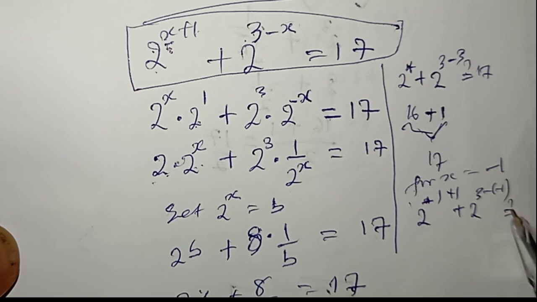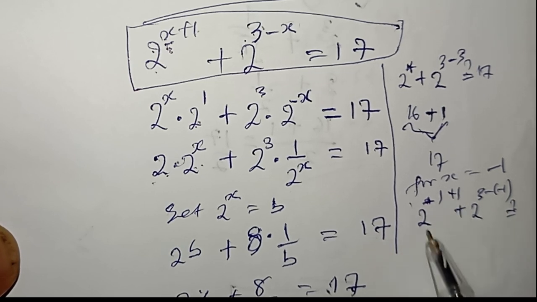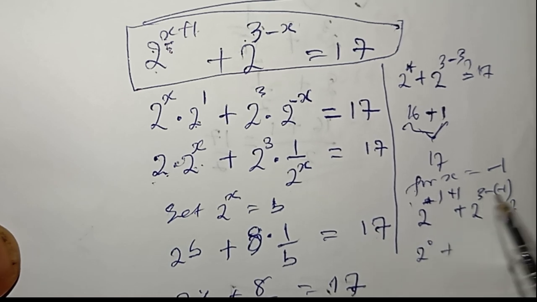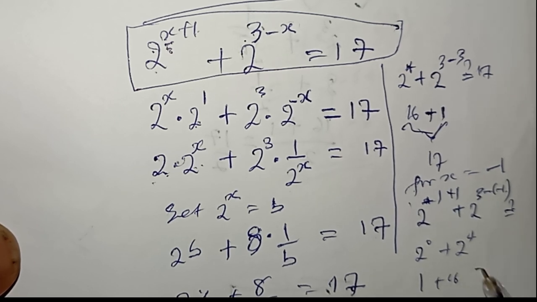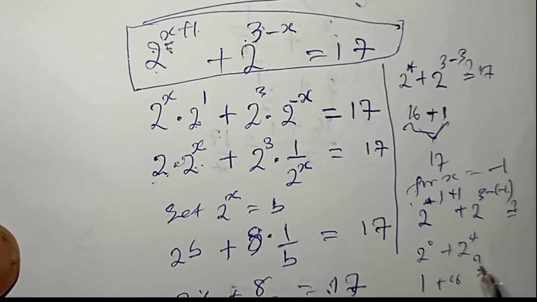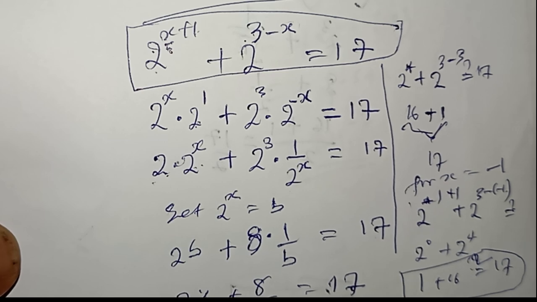We want to find out whether this gives us 17. So this is 2 power 0, plus, since minus times minus is plus, 3 plus 1 is 4, so this is 1 plus 16. Obviously it's equal to 17. So the two values of x actually satisfy this equation.